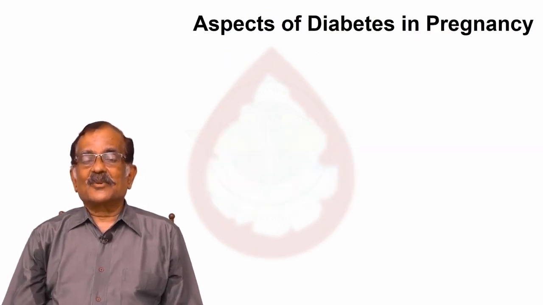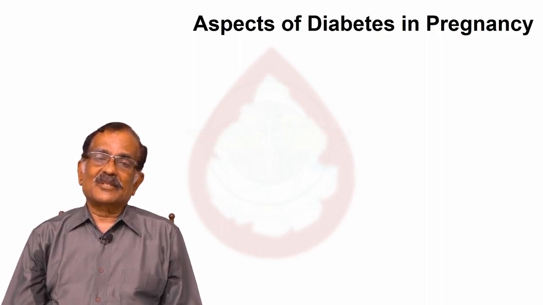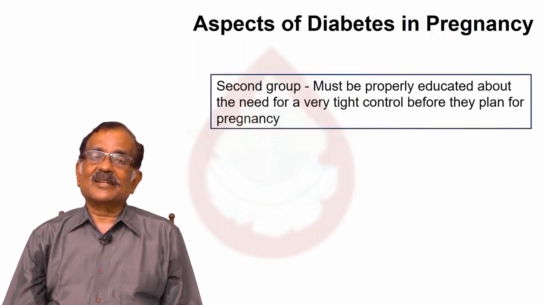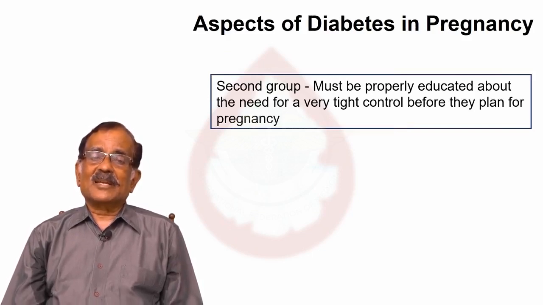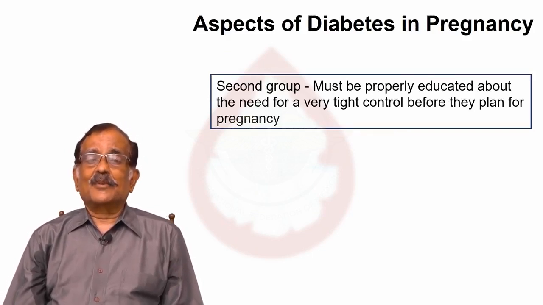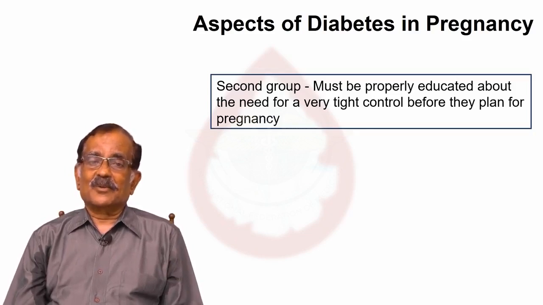Now if you look at the aspects of diabetes and pregnancy, let us start with the second group, that is a patient of type 1 or type 2 diabetes who became pregnant or wants to become pregnant. It is a must that this group of patients must be properly educated about the need for very tight control before they plan for pregnancy.